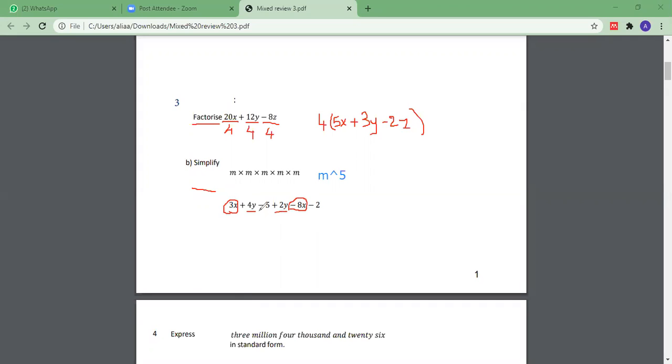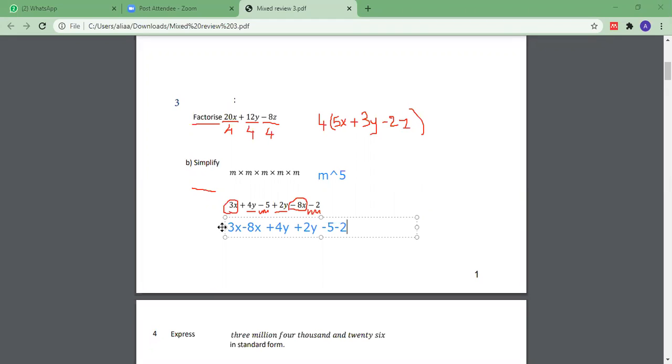And finally, negative 5 with negative 2. Okay, let's write it. I'll organize it first. I will write 3x minus 8x and then plus 4y plus 2y and then minus 5 minus 2.